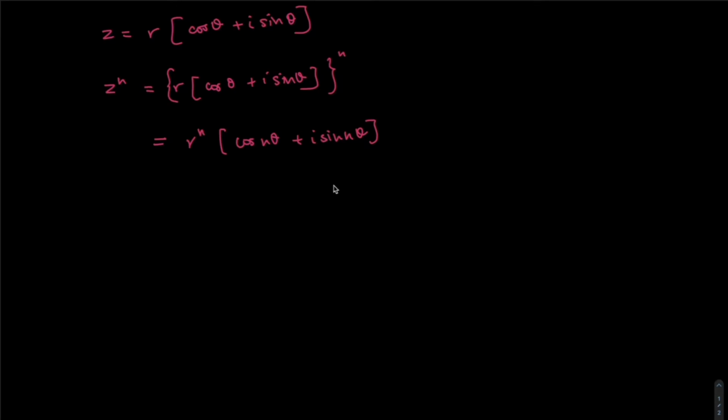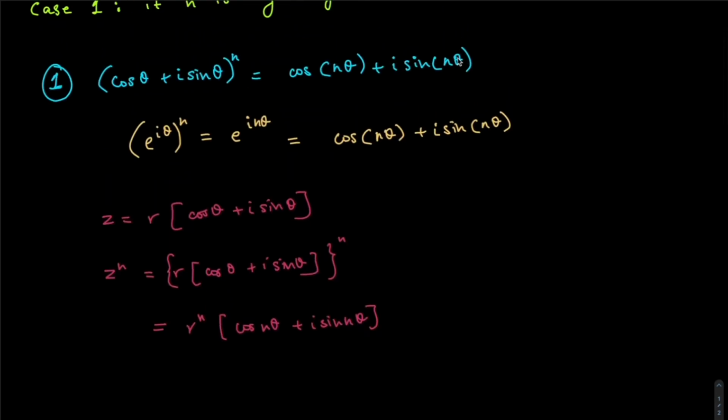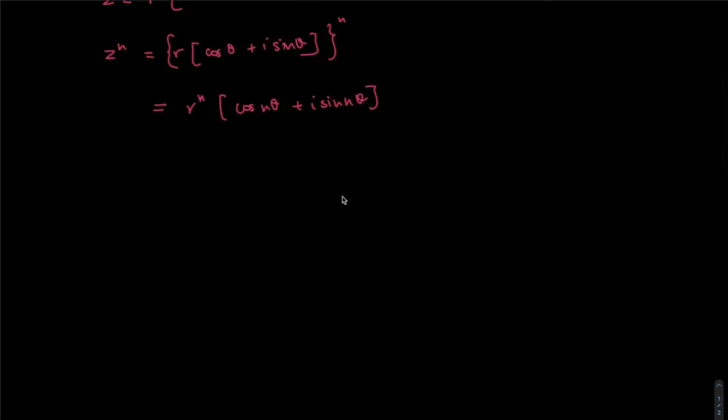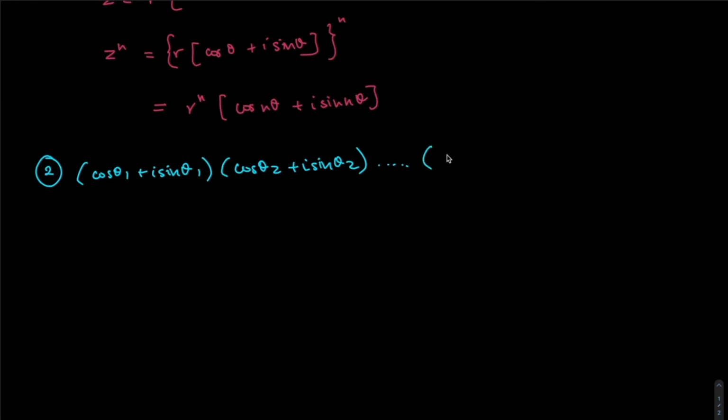Now, the second part of case 1. I'm going to use light blue, the same color as before. If I have cosine of theta 1 plus i sine theta 1 times cosine of theta 2 plus i sine theta 2, and I multiply this n times, I get cosine of theta n plus i sine theta n.